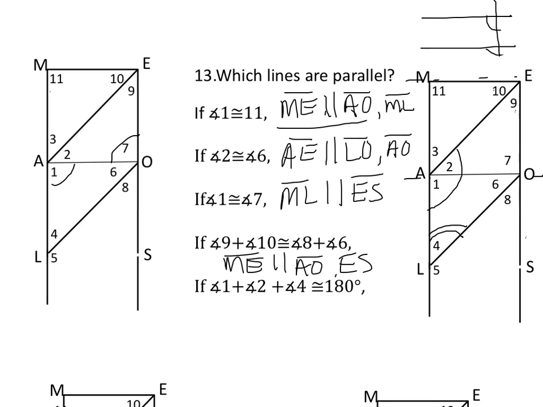Well, those appear to be consecutive interior angles formed by line AE parallel to line LO using transversal ML. So let's use our cool little tool here. If I use this line, and this transversal, I have those two angles formed. So this line, and this transversal.